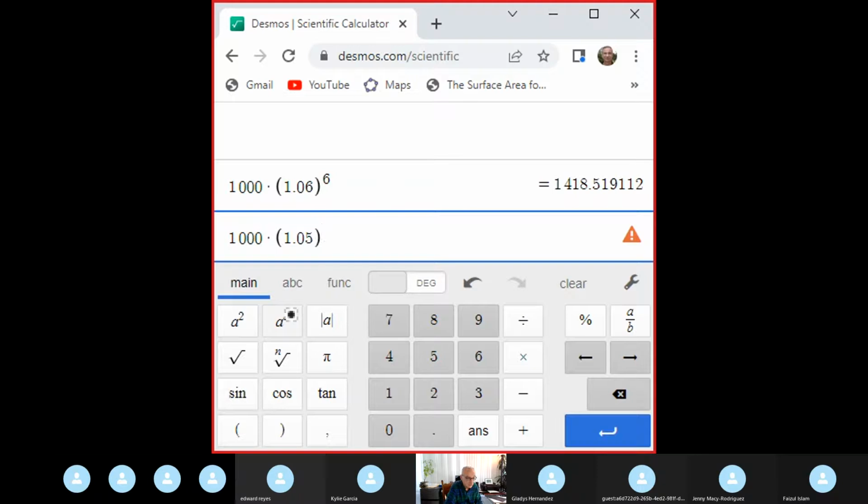And the power is 16. And you see the answer, 2,182 and 87 cents, because the third digit is 4. So it's $87. Cool.